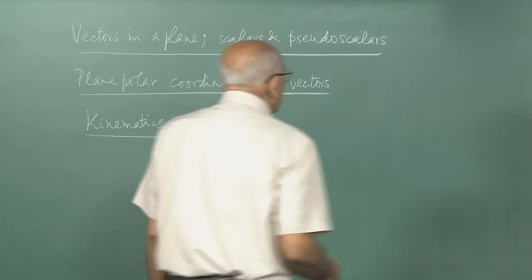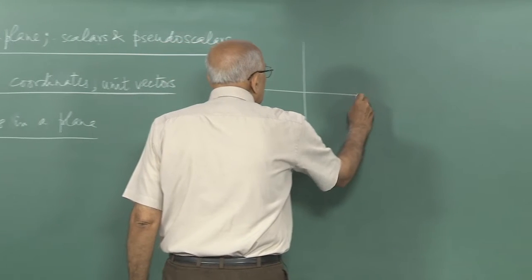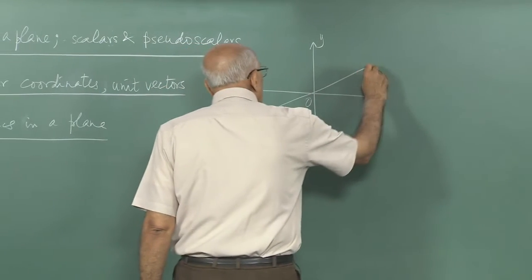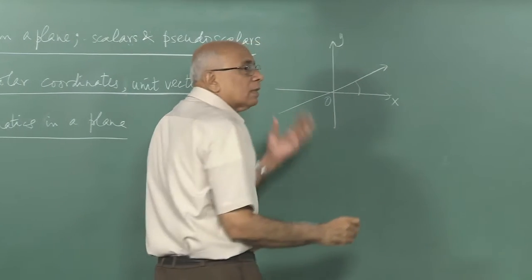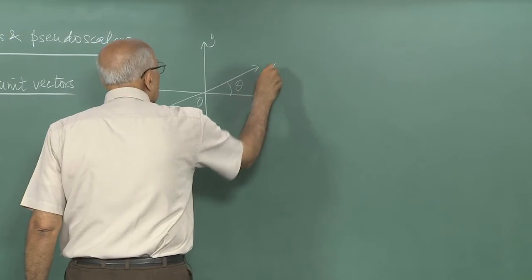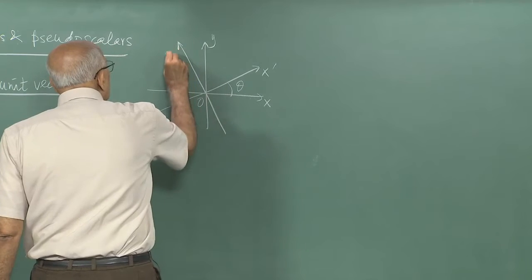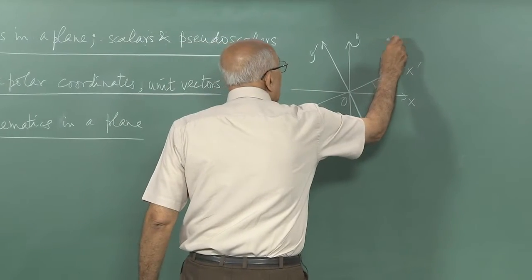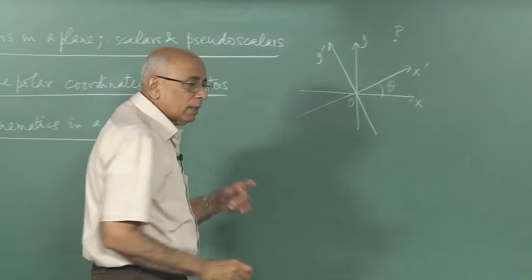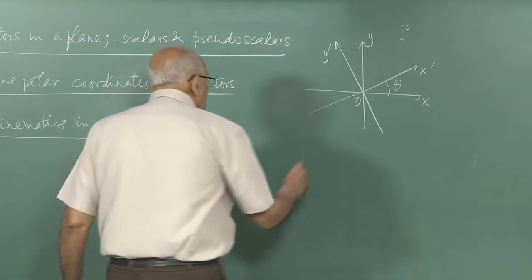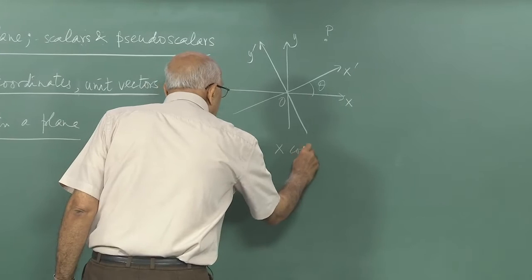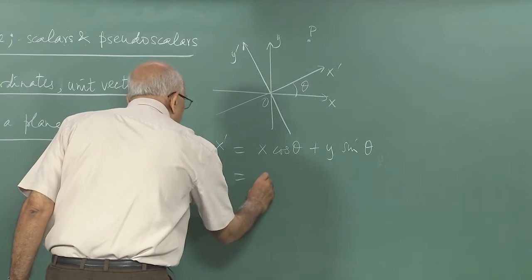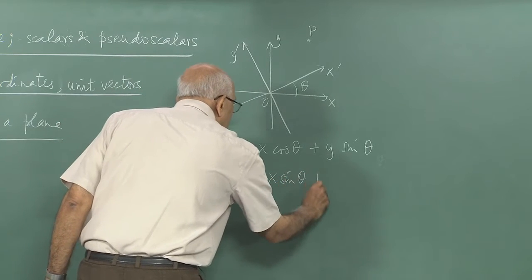So in a plane, we have already seen that if you took a frame of reference, the xy axis like so, and then you took a tilted frame rotated at some angle theta with respect to the first coordinate system, x prime, y prime, then we had a set of transformation rules which said that the coordinates of an arbitrary point P, if they are x and y in the original frame of reference, then x prime is x cos theta plus y sin theta, and y prime equal to minus x sin theta plus y cos theta.